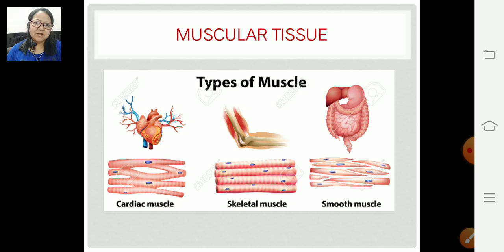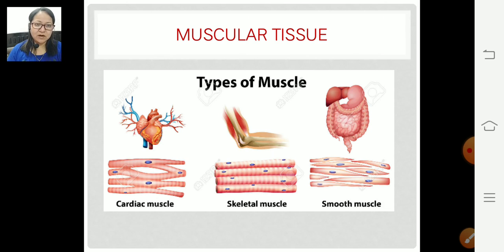Second type is skeletal muscles. These are muscles that are present in our limbs and help in movement and locomotion. If we talk about the muscle cells, then they are cylindrical, unbranched and multinucleated. They also have light and dark bands.